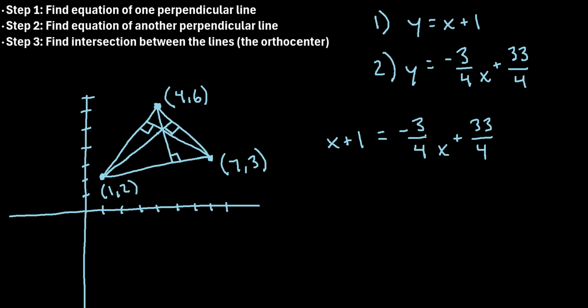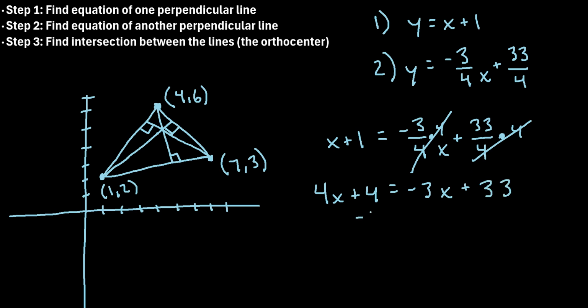So one thing that we could do is multiply every single term by 4 to get rid of these ugly 4's in the denominator. So if we multiply everything over here by 4, we get 4x plus 4 is equal to, when we multiply this by 4, these 4's would cancel out, and we'd just be left with negative 3x. And then when we multiply this term by 4, again, these 4's will cancel out, and we'll just have plus 33.